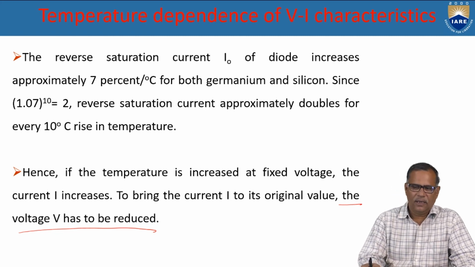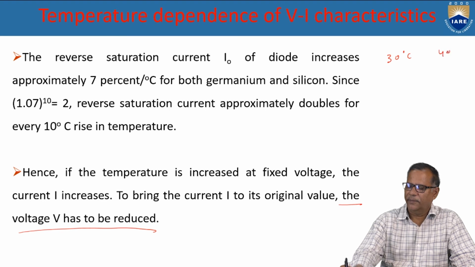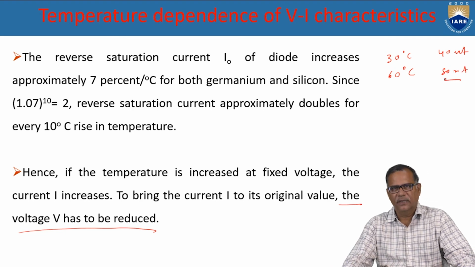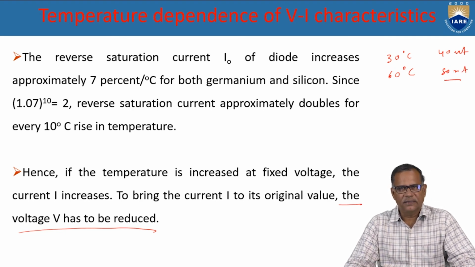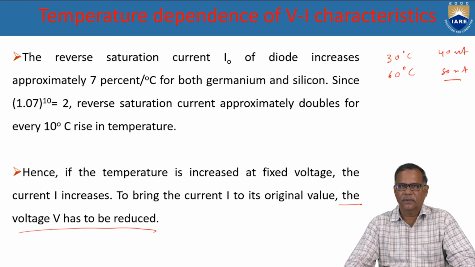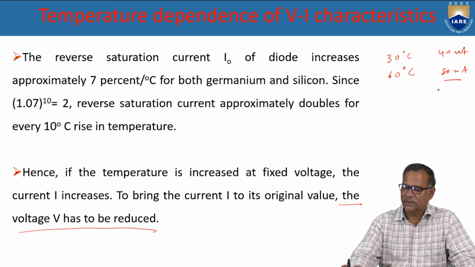As I have told, suppose at 30 degrees centigrade I naught is equal to 40 milliamperes, then if the temperature is increased by 10 degrees, it becomes 80 milliamperes. The reverse saturation current doubles for every 10 degrees rise in temperature.